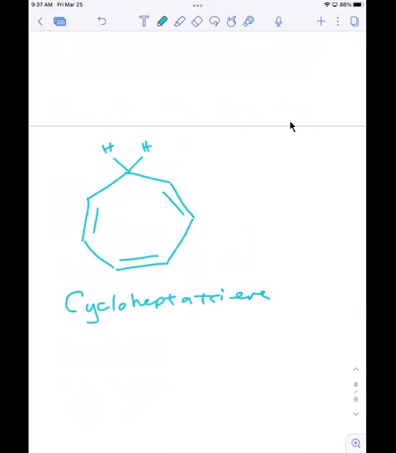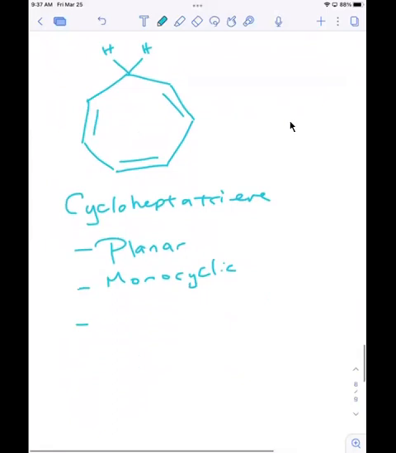All right, so cycloheptatriene. Is that aromatic? It is planar. 7-member rings are planar. It is monocyclic. It meets the 4n+2 rule. It's got 6 pi electrons.